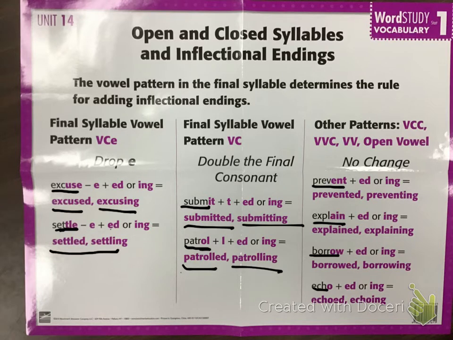You kind of just have to memorize those to make sure that you understand the rule. We're just going to add our ED and ING with no change to make prevented and preventing, explained and explaining, borrowed and borrowing, or echoed and echoing. So those are our three rules for inflectional endings.